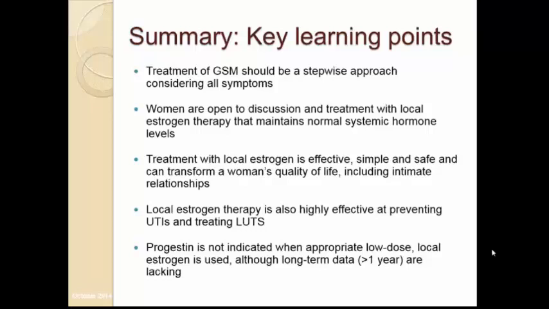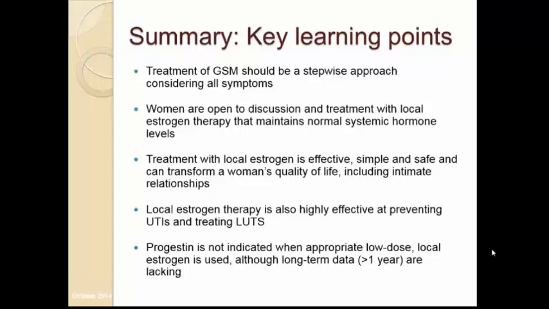Further, treatment of GSM should be a stepwise approach considering all symptoms. Women are open to discussion and treatment with local estrogen therapy that maintains normal systemic hormonal levels. Treatment with local estrogen is effective, simple, and safe, and it can transform a woman's quality of life, including intimate relationships.